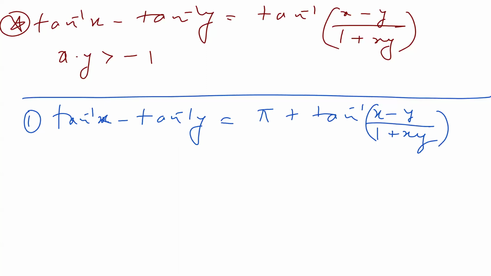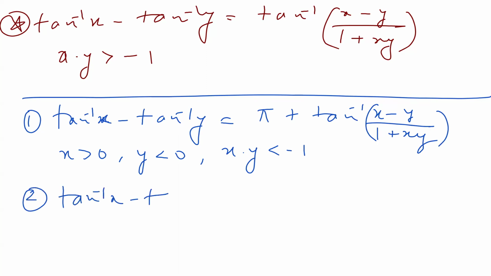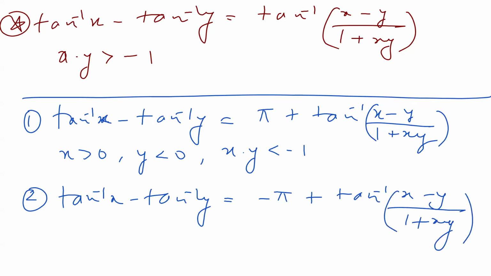And the conditions over here are x is greater than 0, y is lesser than 0, x into y is lesser than minus 1. And the second special case is this, which I've written: x less than 0, y greater than 0, x into y lesser than minus 1.